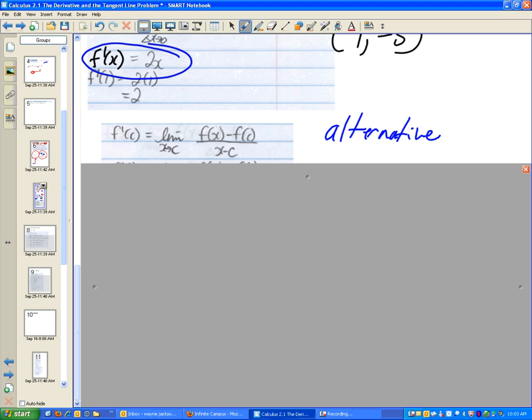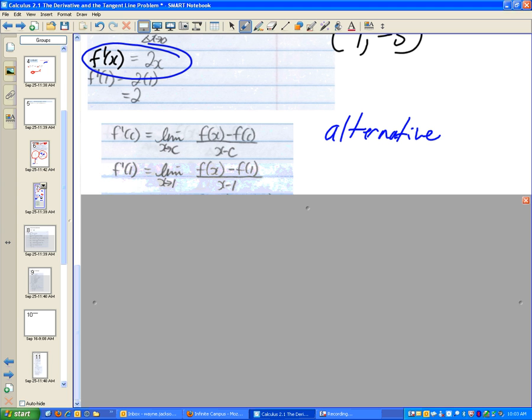So, the alternative definition of derivative is f prime of c equals the limit as x approaches c of f of x minus f of c over x minus c. Since the point they wanted us to use was (1, -3), c stands for the x-coordinate of the point of tangency.